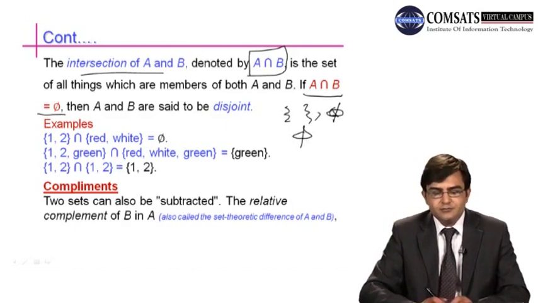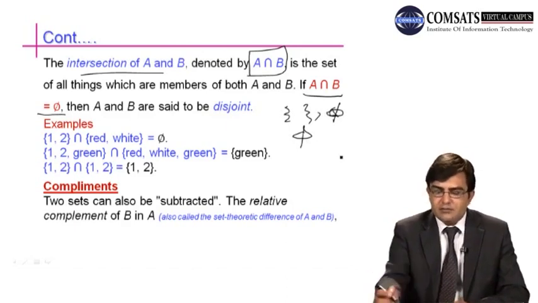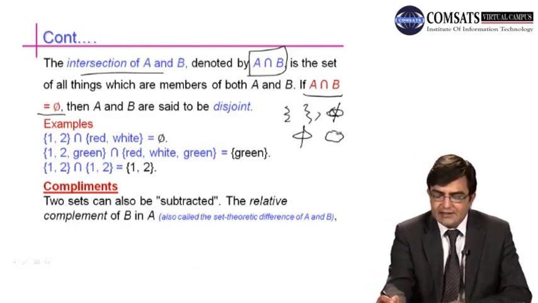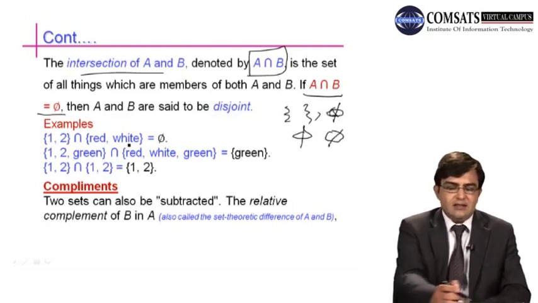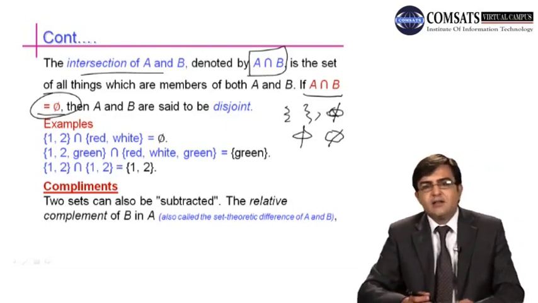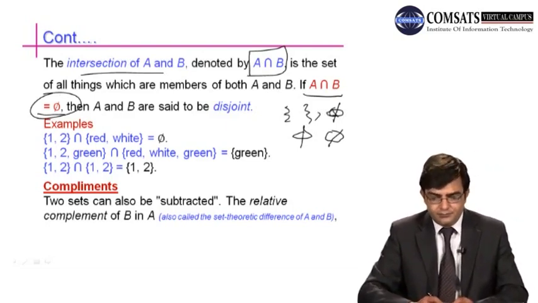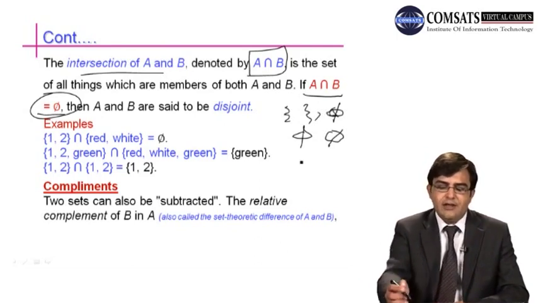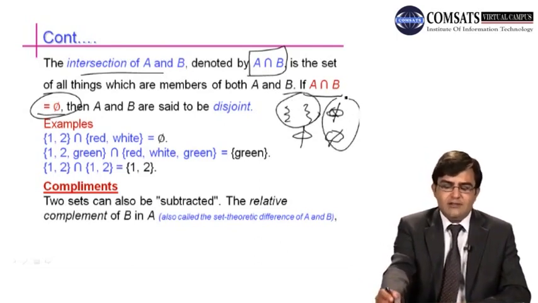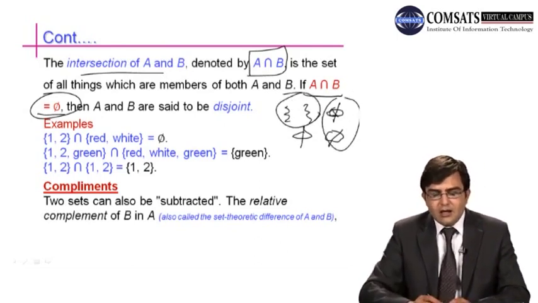This is the symbol, and this is basically the phi set or empty set. If there is no common member between A and B, then we say that A intersection B is the empty set. It is usually denoted by this or this. And we say that the two sets A and B are disjoint.